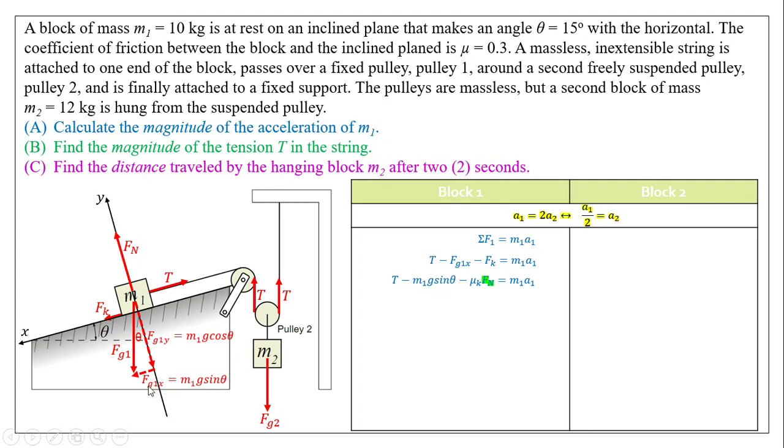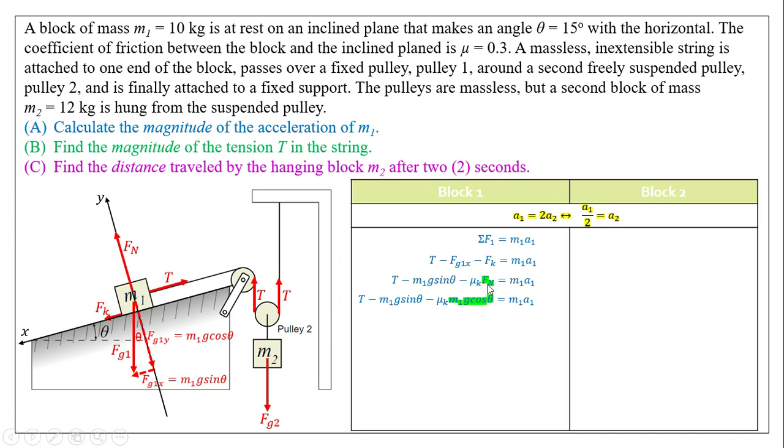All right, I'm just going to expand F of g1x into m1g sine theta because it says so in the diagram. F of g1x is the opposite leg of this right triangle, so that would imply sine of theta. And then F of k by definition is mu k F of n. I don't know what F of n is, but if you kept up with the explanation for these components and the vectors, if you look at the y-axis, Fn is pointing upward, F of g1y is pointing downward, but the acceleration in the y-direction is equal to 0, so therefore the magnitude of Fn is the same as the magnitude of Fg1y.